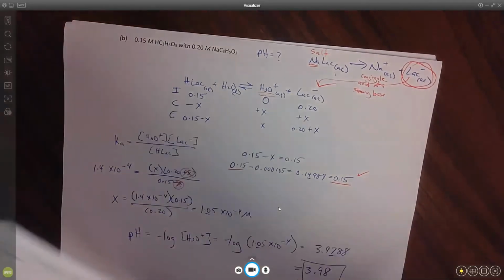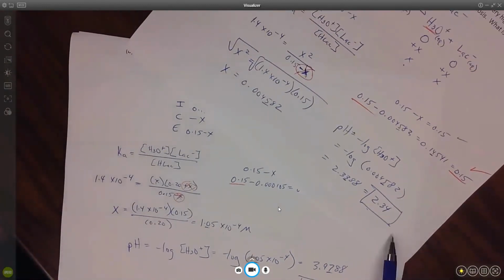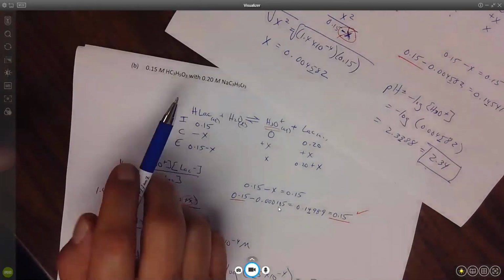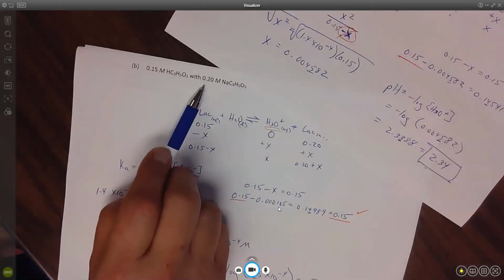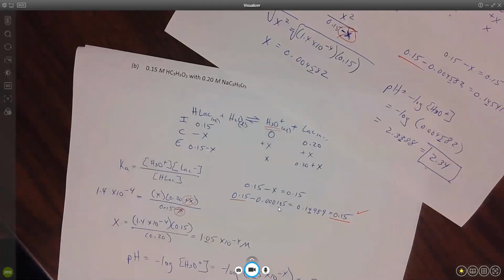So we can see for a pure 0.15 molar solution of lactic acid, we had a pH of 2.34. But when we added the base to it, we added 0.2 molar of the conjugate base to it, it should become more basic, and the pH did change to 3.98. So that makes sense, and hopefully we did everything correctly.